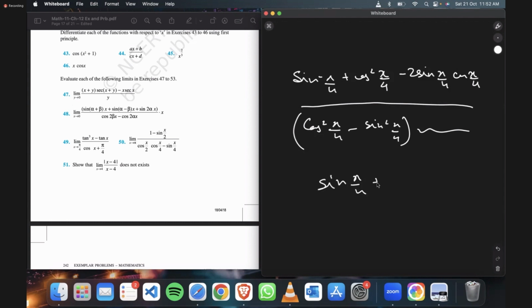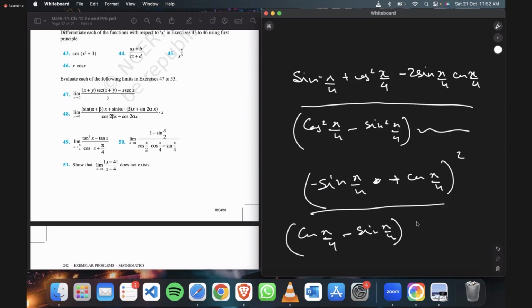Sine x by 4 minus cos x by 4 a whole square. Or you can turn it the other way around, plus and minus. And in the denominator, what am I going to have? I'll be having cos x by 4 minus sine x by 4 multiplied with cos x by 4 plus sine x by 4, and further.